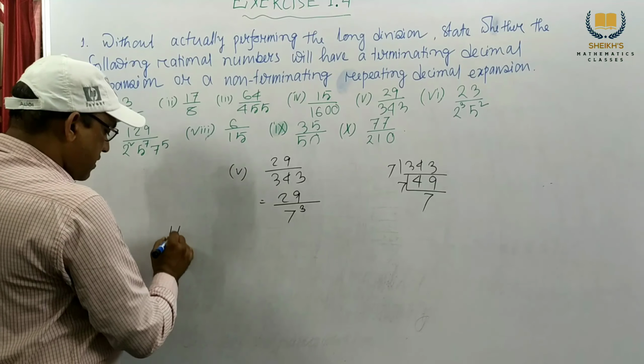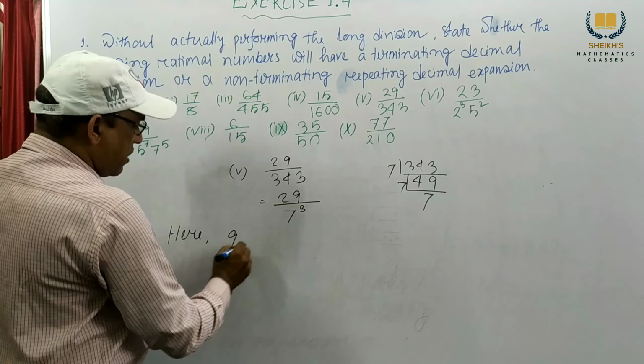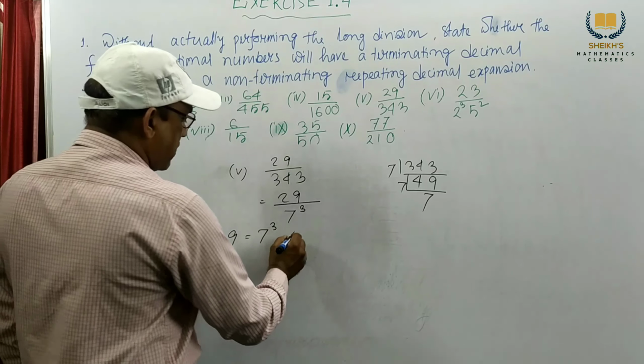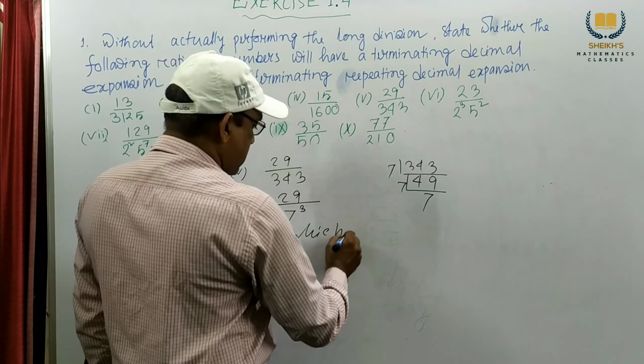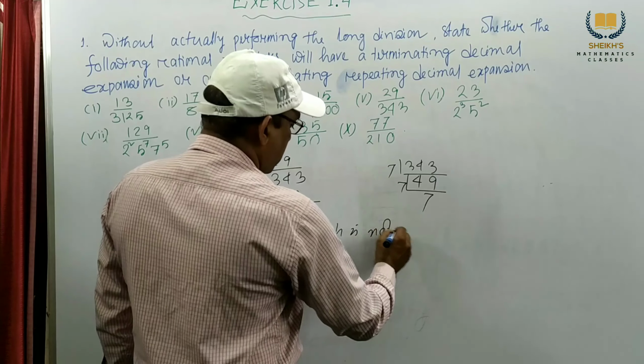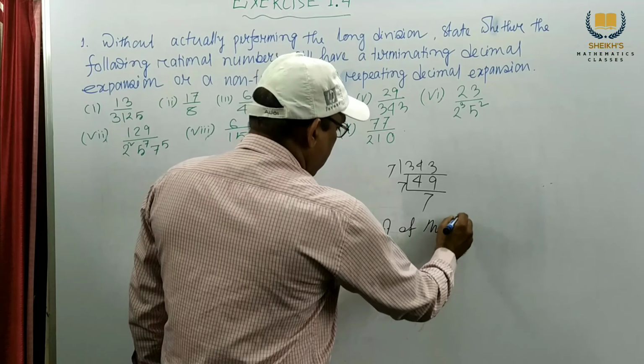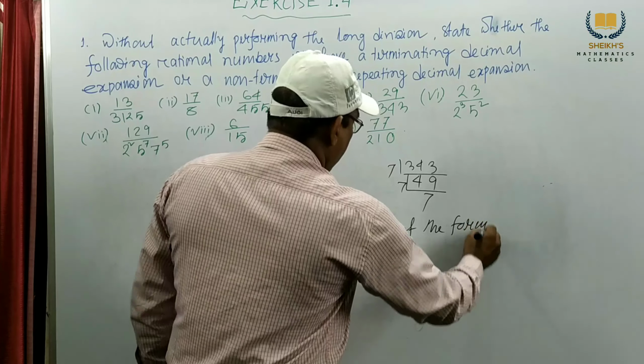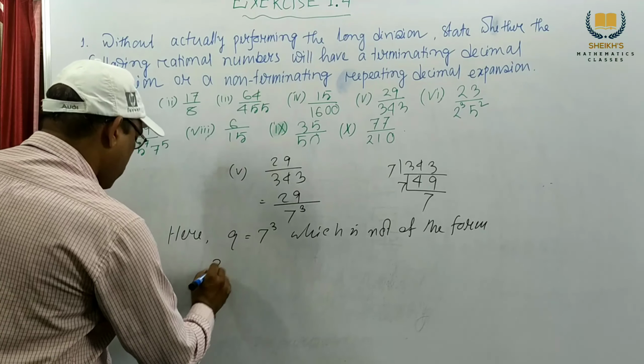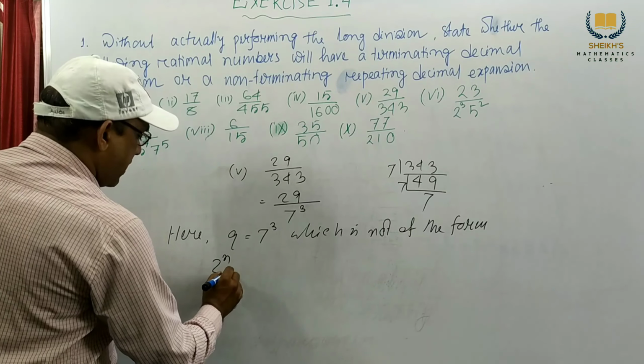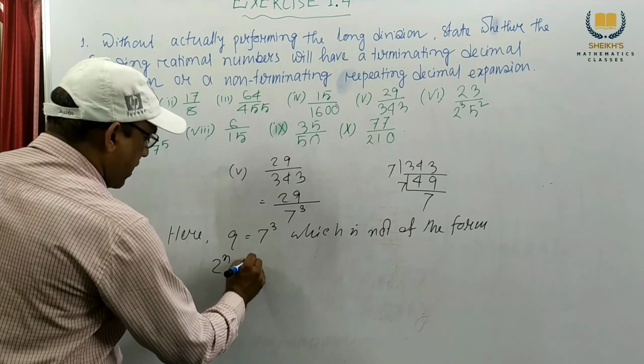So here q equal to 7 to the power 3, which is not of the form 2 to the power n, 5 to the power m.